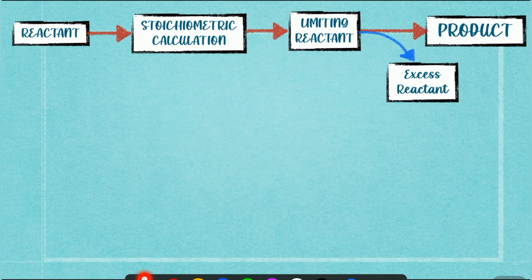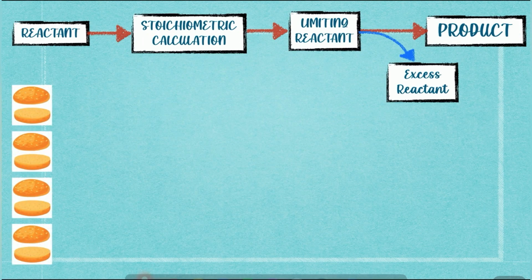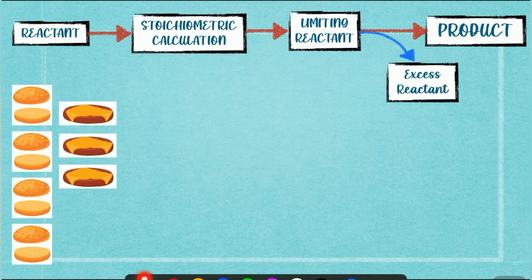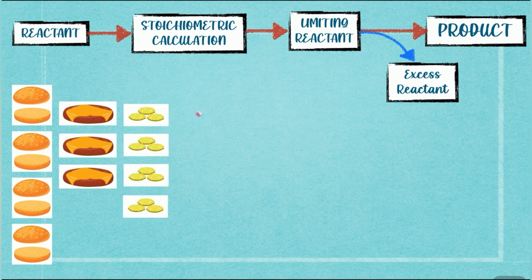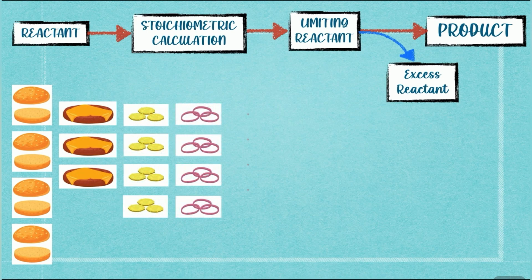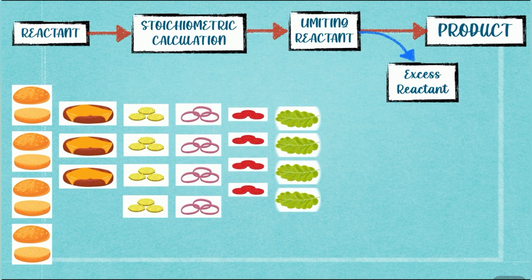Okay, let's see this analogy. Let's say you have 4 pairs of buns, and then you have slices of meat, 3 slices of meat, complete with the cheese, and you have the cucumber, the onion, the tomato, also salad.